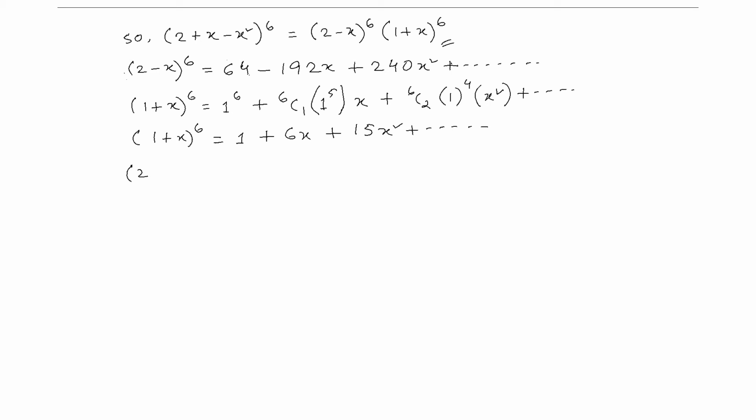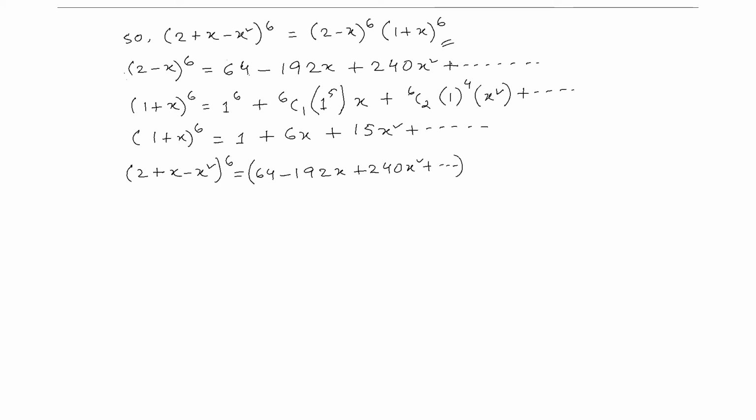So now (2 + x − x²)^6 can be written as, inside the bracket, let's write 64 − 192x + 240x² + dot dot dot.